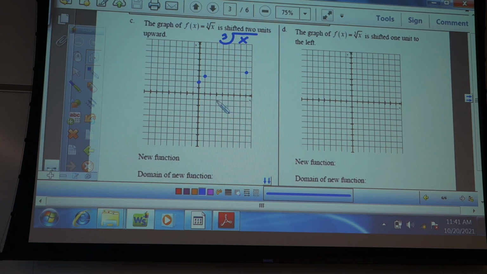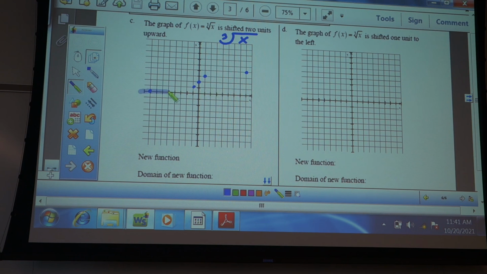And it also goes back 1, down 1, back 8, down 2. So this would be my S.